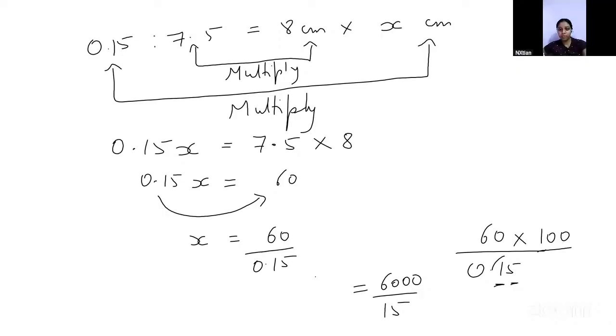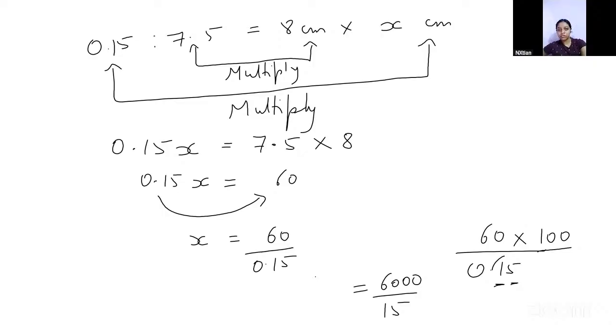Ma'am, another way to do the reciprocal is to say that because 15 is multiplying x, we need to divide by 15. But we have to divide by 15 on both sides. So when we divide 15 from one side, we also have to divide it from the other side.